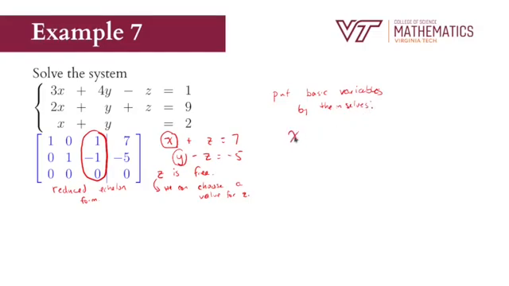And now I have an equation for x. It's 7 minus z. An equation for y. Y is negative 5 minus z. And again, z is free.